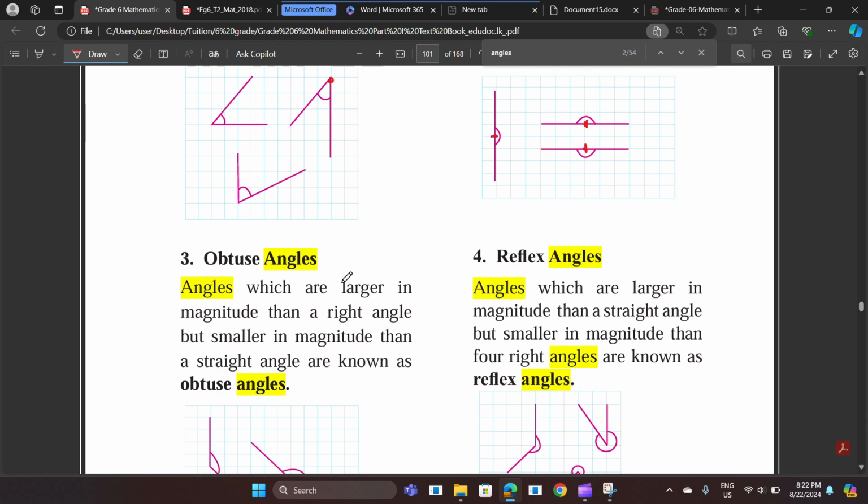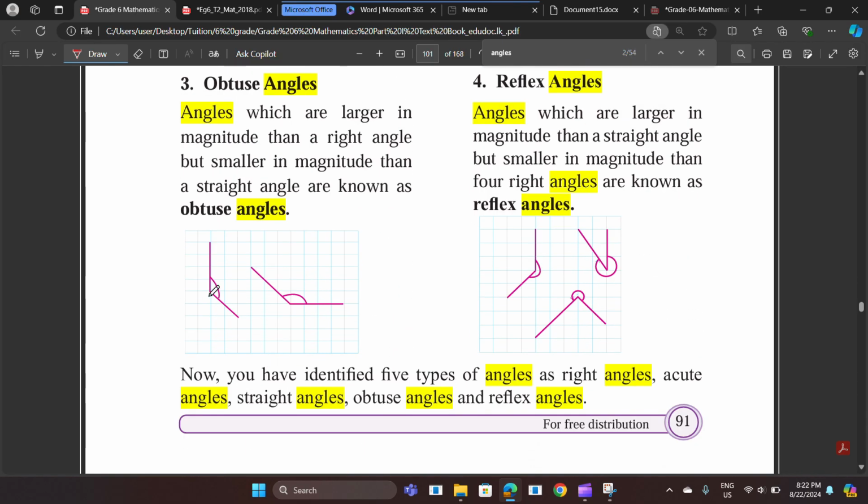In obtuse angles, this is the vertex. It is greater than 90, greater than this right angle, so it is an obtuse angle.